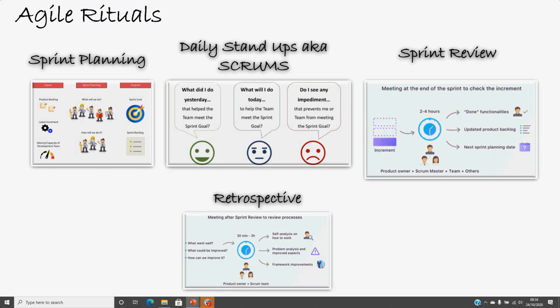So, sprint planning is the first one. Sprint planning is actually a meeting where the team defines which user stories they will work upon in the upcoming sprint over the next 2 weeks. If the sprint is for 2 weeks, then it's for the team to make a decision on what they really want to do in that sprint.